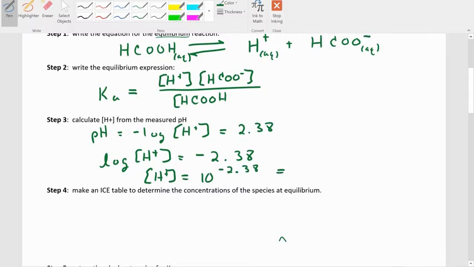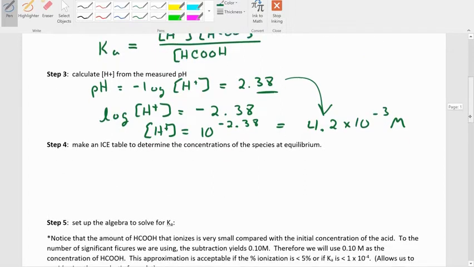If you calculate that out, you're going to get a concentration of 4.2 times 10 to the negative third molar. I want to comment on something really quick. If the pH has 2 decimal places, like this one does, 2.38, that is the number of significant figures in my concentration. You can Google that if you want to and see why they do it that way, or ask me later and we can talk about it.